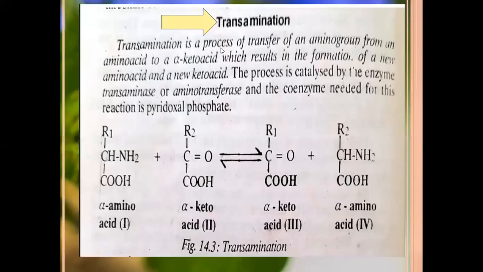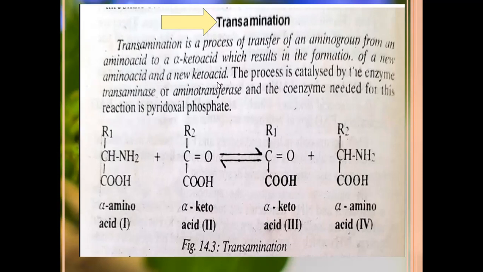Transamination is a process of transfer of an amino group from an amino acid to a keto acid, which results in the formation of a new amino acid and a new keto acid.